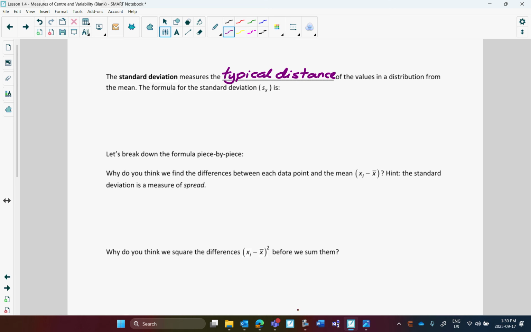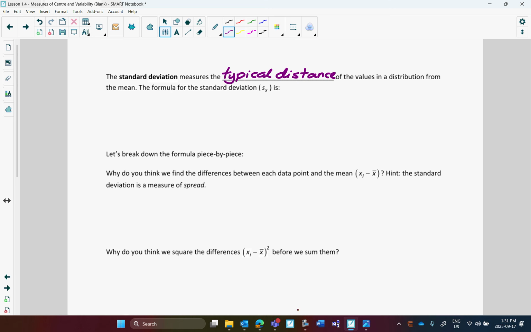So how would we find the average distance or typical distance? Well, we'd have to take each of those 12 data values, take away the mean to get the differences, and then average those out. The only problem is, if you average those out, because some are going to be positive and some are going to be negative, they're all going to cancel each other out to 0. And for everything you do, you're always going to get a standard deviation of 0, which is completely useless.